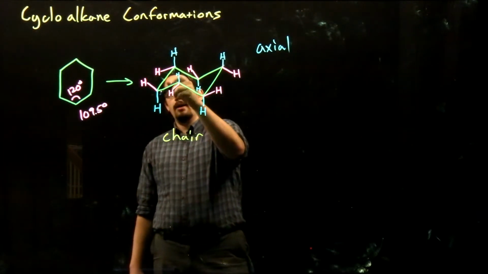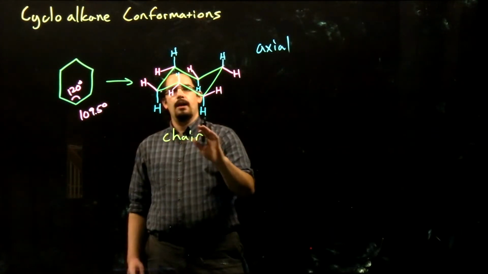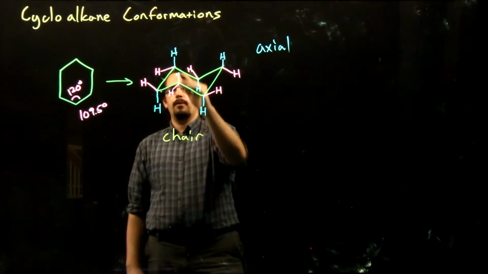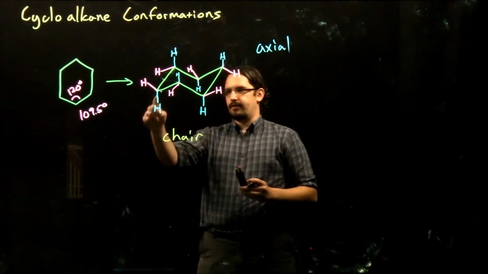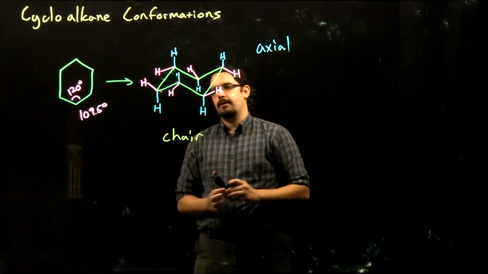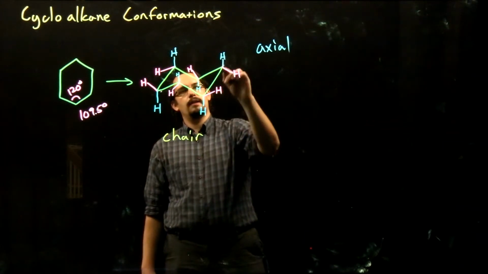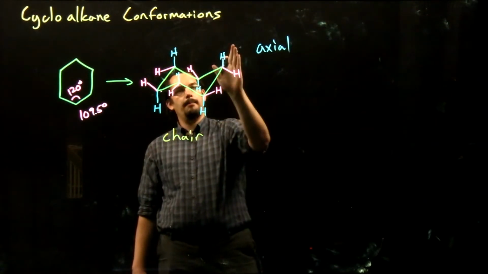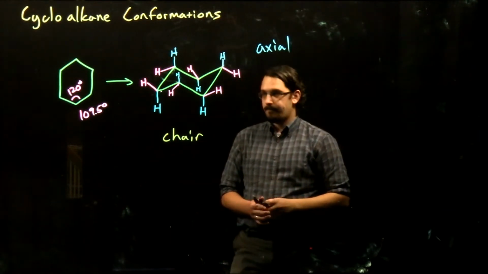They're going to be pointing downwards if we're at a point of our cycloalkane that's coming down, and pointing up if we're at a point that's pointing up. So if you look at our green line, we have a green arrow pointing down, so our blue axial hydrogen comes straight down.